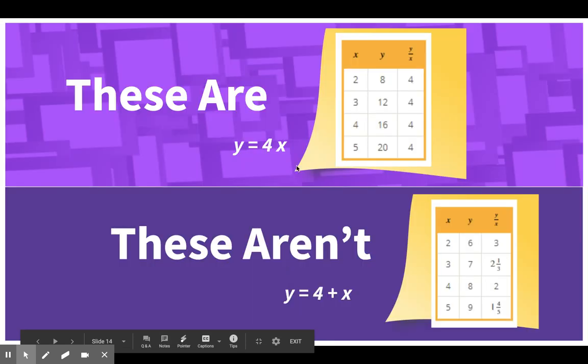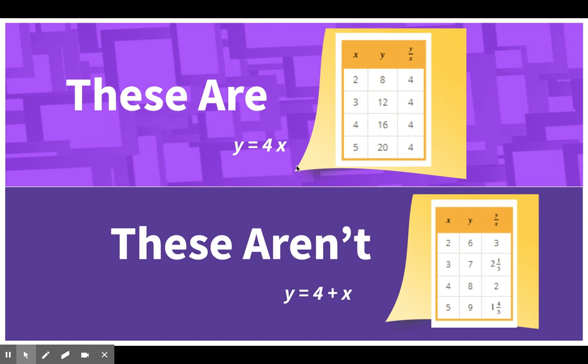So, once again, let's just reiterate how we can determine if an equation is proportional. If I look at the top where it says these are proportional, we have y equals 4x. This is in the form y equals kx, k being 4.